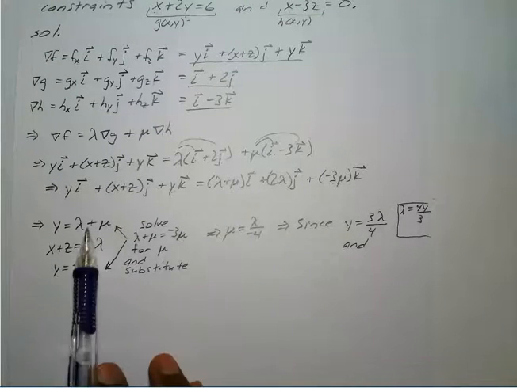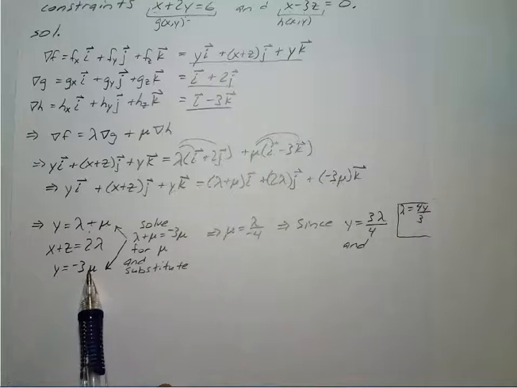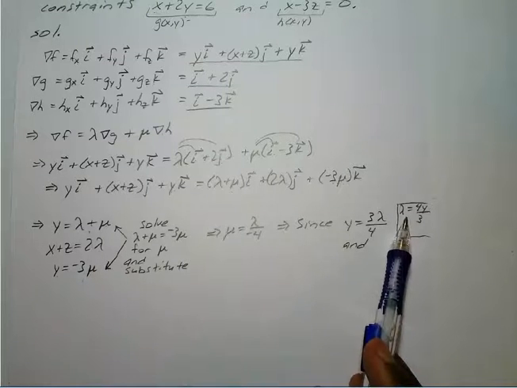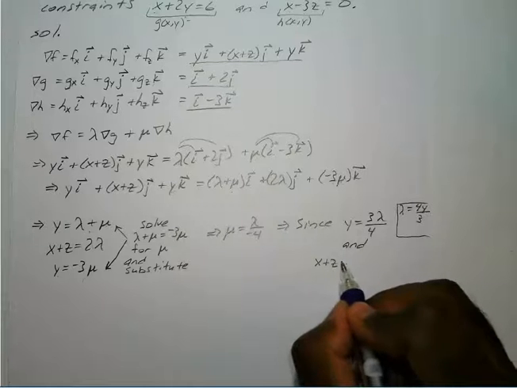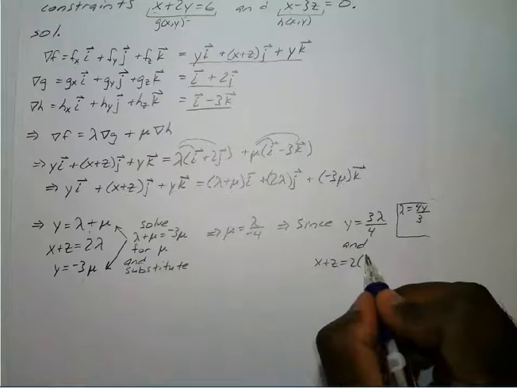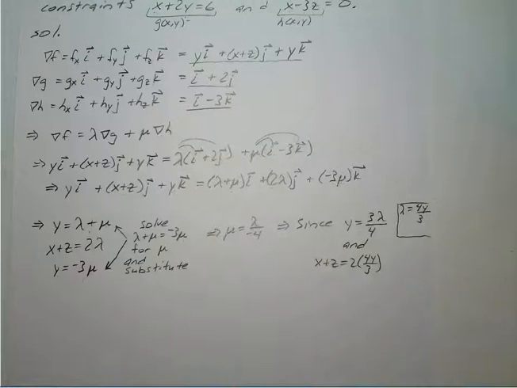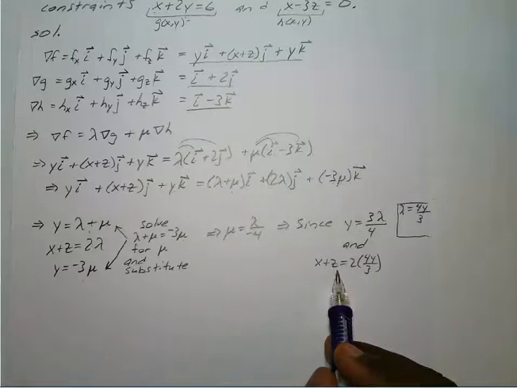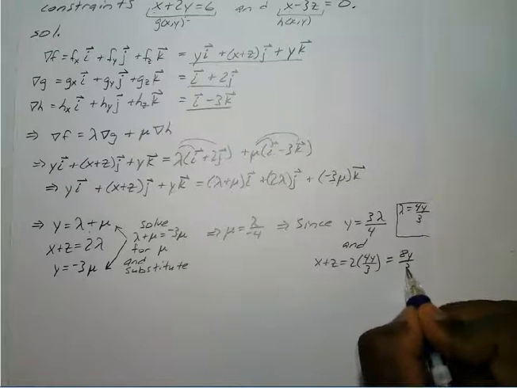Once you solve for your mu and plug it in, this is what you end up with. Now we get the same thing here because we now solved for lambda. That means x plus z is equal to 2 times lambda, or 2 times 4y over 3, so x plus z is equal to 8y over 3.